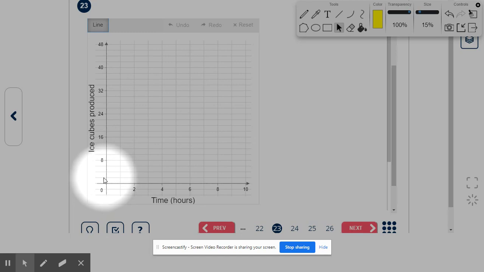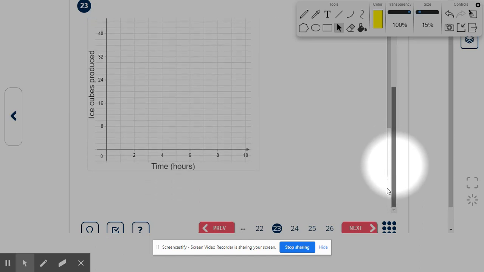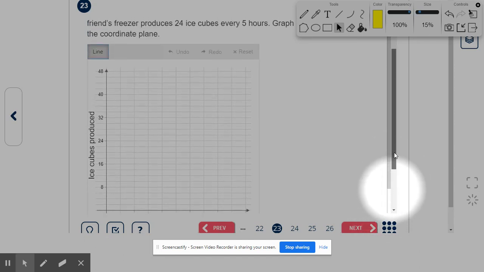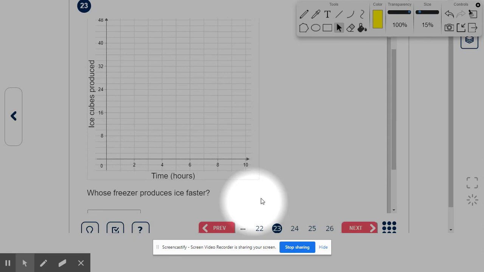Let's do by 2. 2, 4, 6, 8. So each tick mark indicates a multiple of 2. So 2, 4, 6, 8, 10, 12, 14, 16. Okay, remember that, don't forget. And then to answer the question, whose freezer produces ice faster?